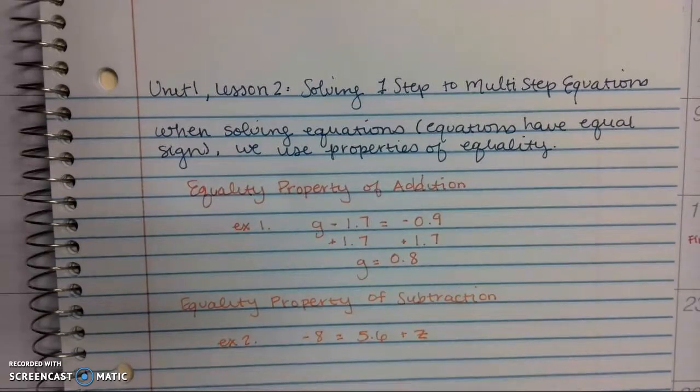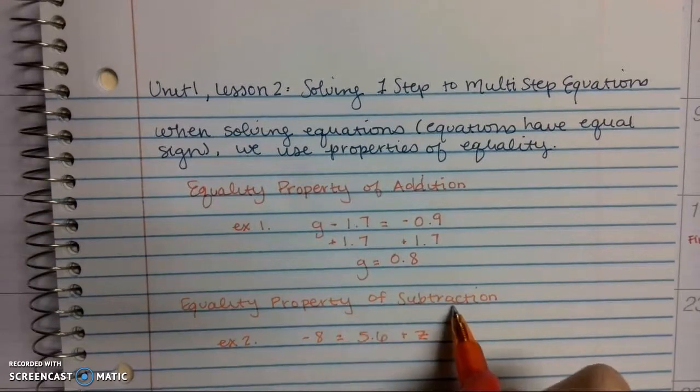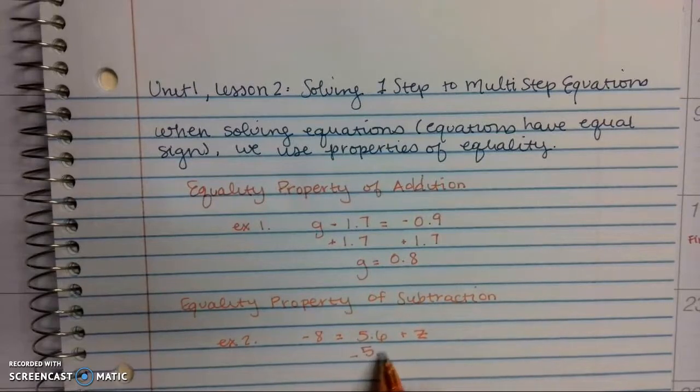I like to draw my lines through the z's so you can tell that they're not 2's. So what you're going to do is use the equality property of subtraction and subtract 5 6/10 from both sides. Negative 8 minus 5 6/10 is going to give you negative 13 6/10, which is equal to z.